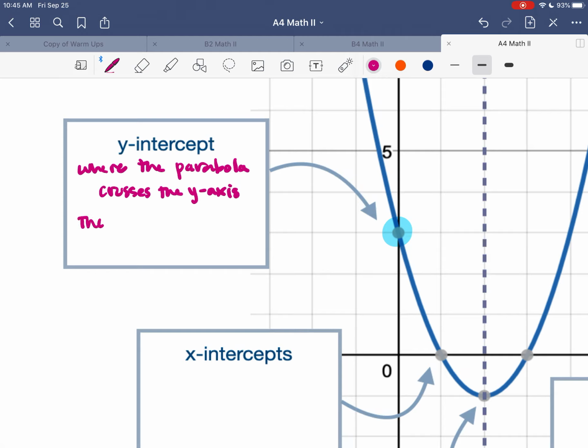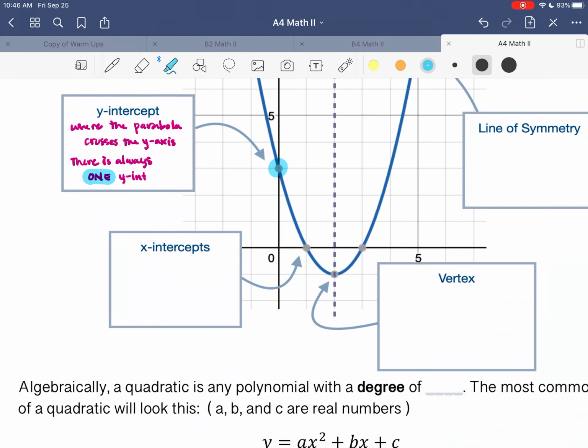For a parabola, there is always only one y-intercept. There can't be more than one y-intercept on a parabola, so that's nice. There's always one y-intercept. Other kinds of graphs might have more than that, but not a parabola.